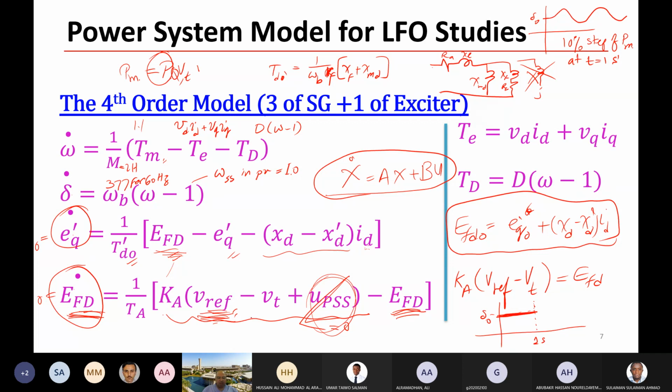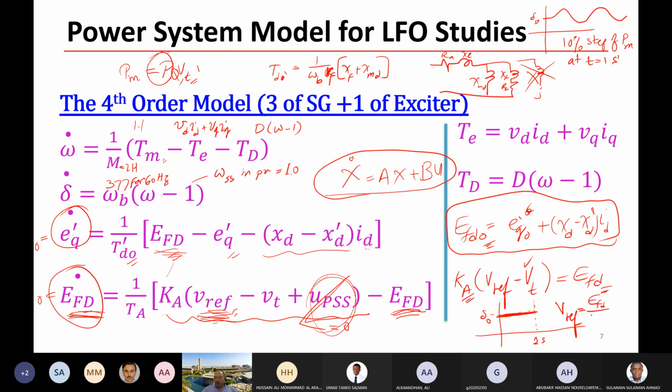So KA multiplied by V reference minus VT. The VT is known, given from the initial value. The EFD is calculated here initially. The KA is known, the automatic voltage regulator gain. This parameter should be given. So you can write here V reference equal to EFD over KA plus VT.